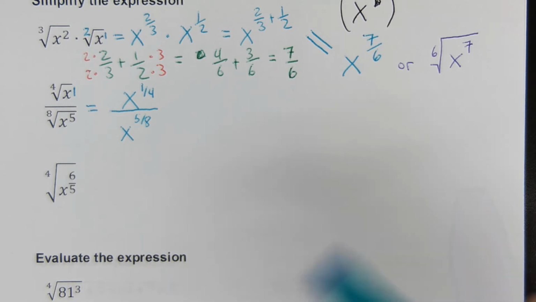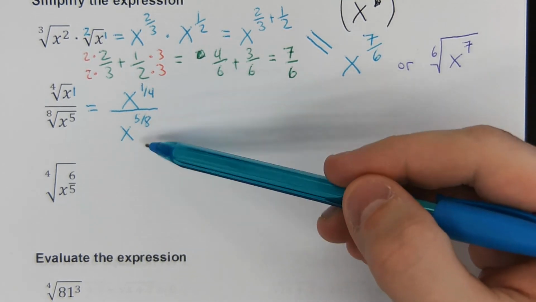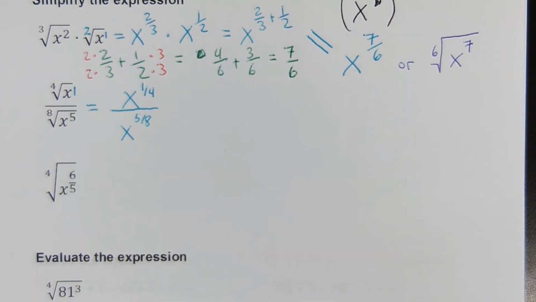So what's bigger, a quarter or 5/8? 5/8 is bigger because if you had 5 of the 8 slices of the pizza, you're very, very full. The reason I'm asking is I'm trying to get you to remember the trick. Where are there more x's, on the top or bottom? That's whichever one has the bigger exponent. 5/8 is bigger than 1/4.